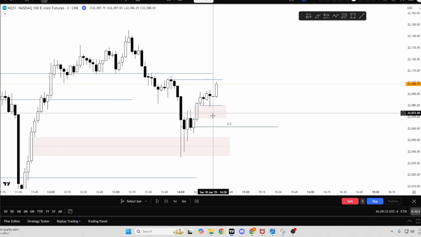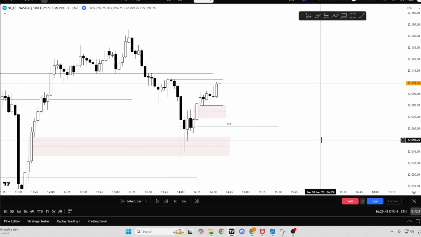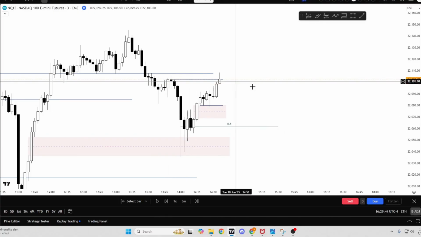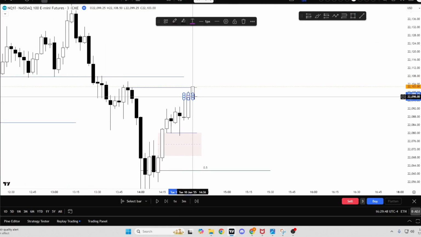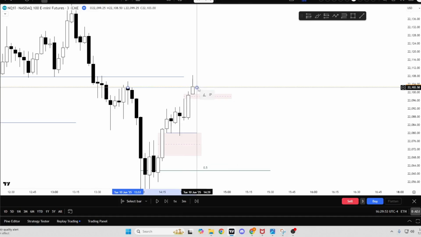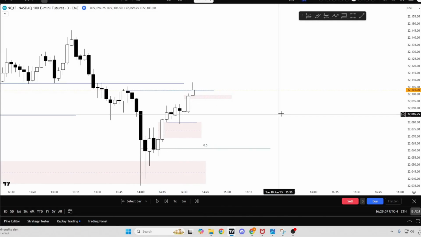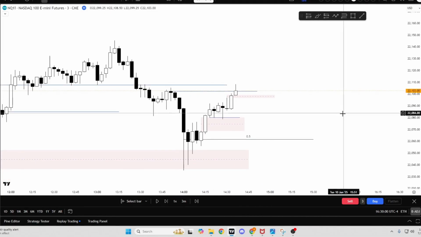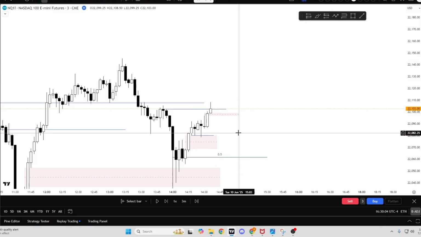So we make a dip into it, put in a small wick for the new 30-minute candle, and then we head higher towards the close. Then we finally close above. We leave another fair value gap here, and that's our confirmation of reversal for this entire move down and up. So now we want to fill something and then go back up.